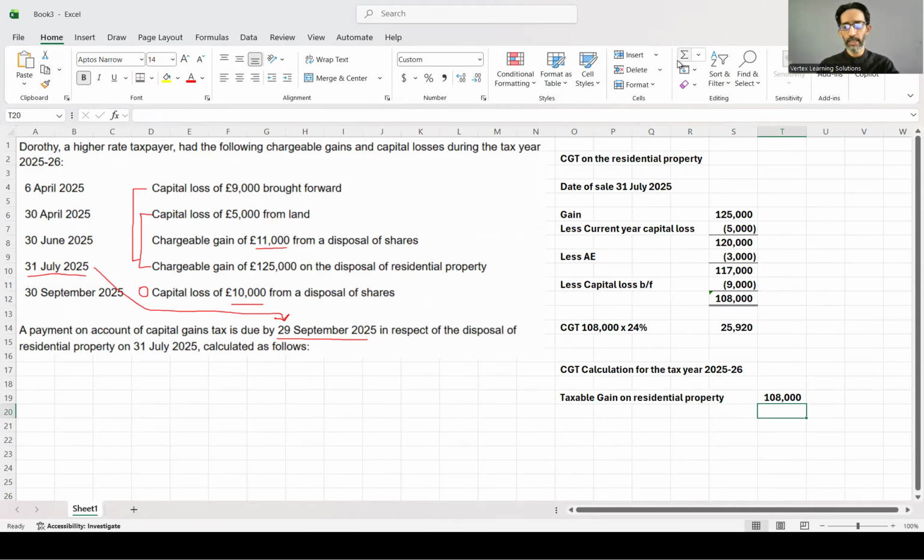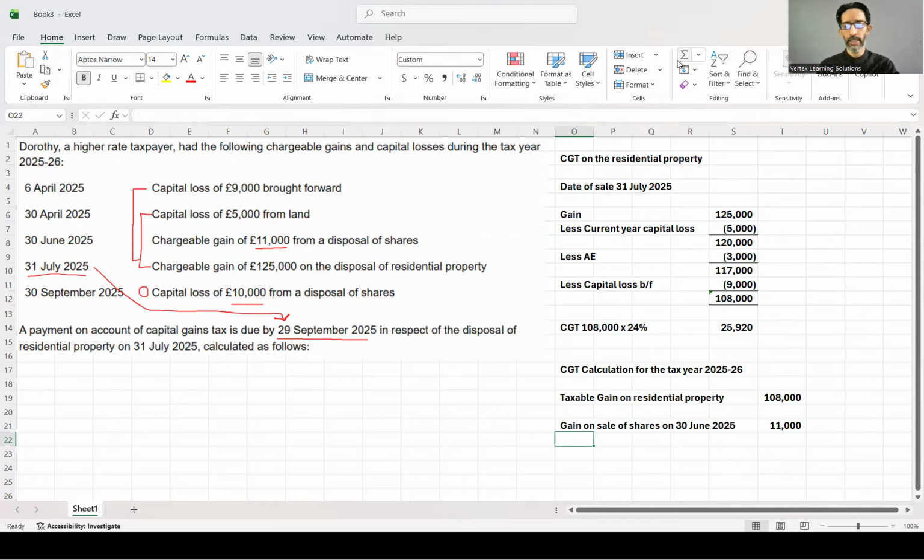And we have the other one, the gain on sale of shares on 30th of June 2025. So that gain is 11,000.